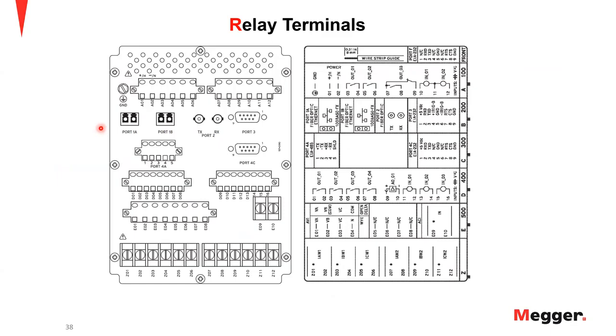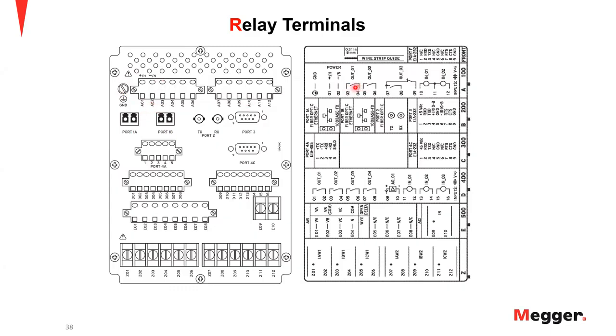In this picture, I'm showing the back terminals of the relay, the back side of the relay where I have all the terminals where we make the connections. And on the right side, I'm showing the faceplate for those terminals, which tells us what each of these terminals is used for. For instance, here it shows that it's a power block, which means I'll be making my connections for the power on this particular block.